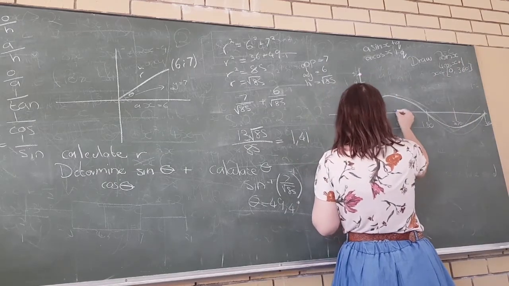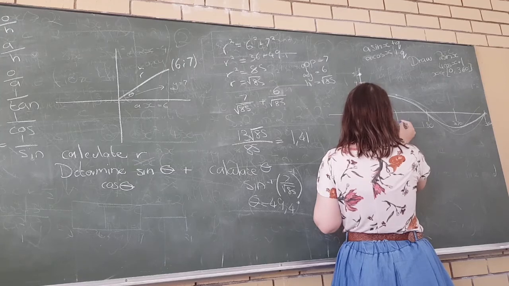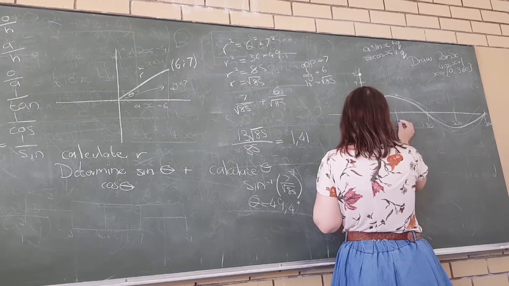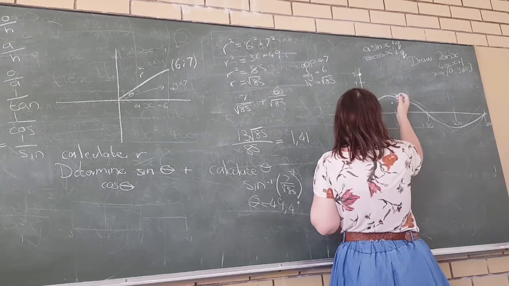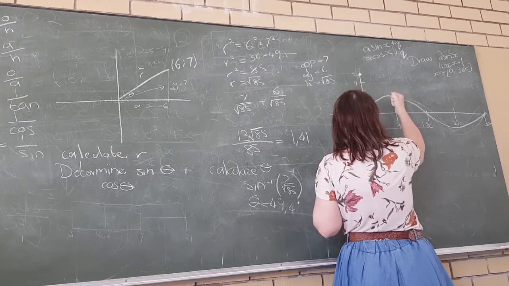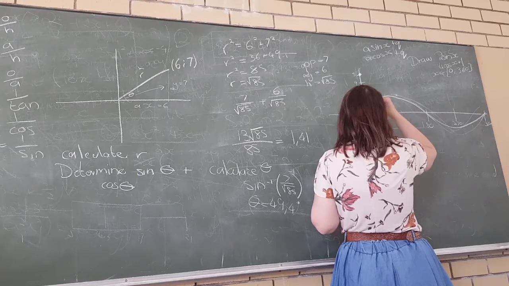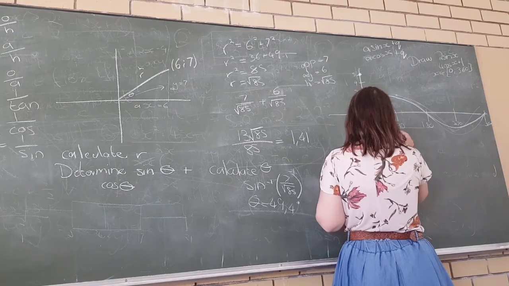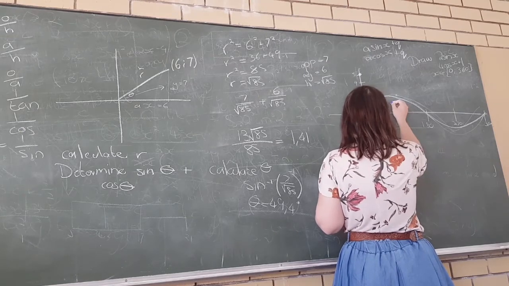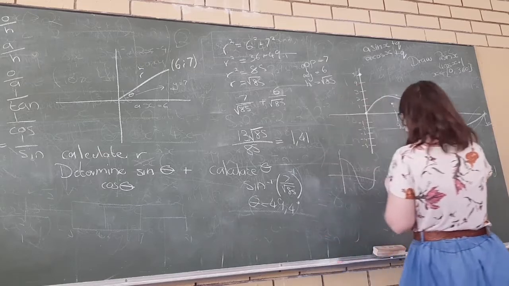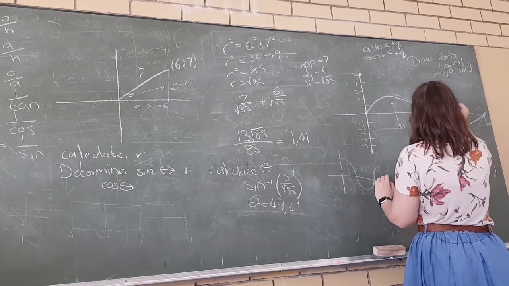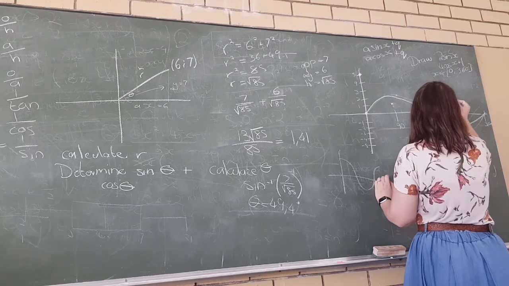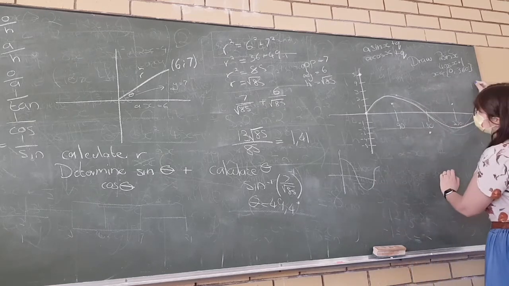At 90 it would be 1. At 180 it will be minus 3. At 270 it will be 1. At 360 it will be 5.